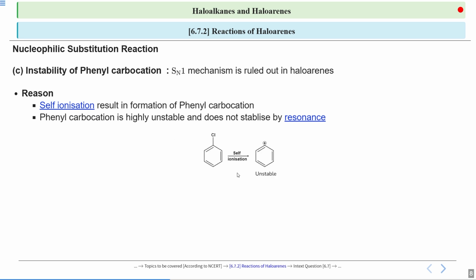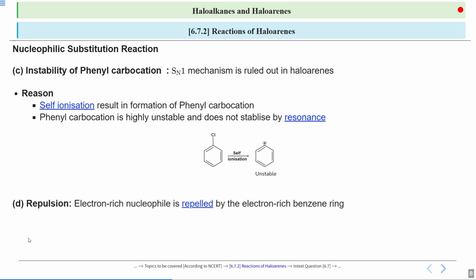When you take chlorobenzene and it undergoes self-ionization, this is the phenyl carbocation you get, which is highly unstable and is not stabilized by resonance either. Because your carbocation is unstable, you can't follow the SN1 mechanism, because in the SN1 mechanism, carbocation stability is the key factor on which the reactivity depends, right?